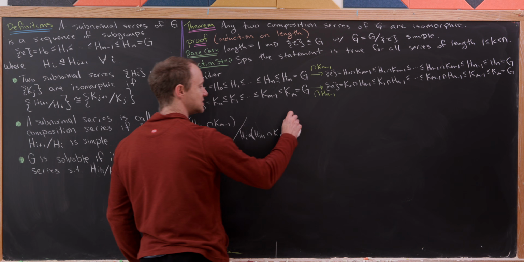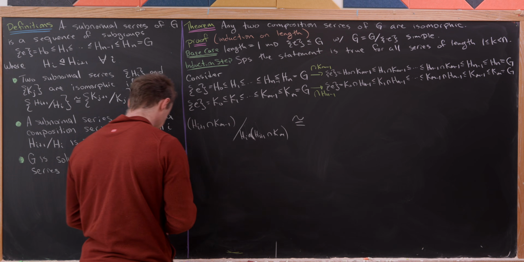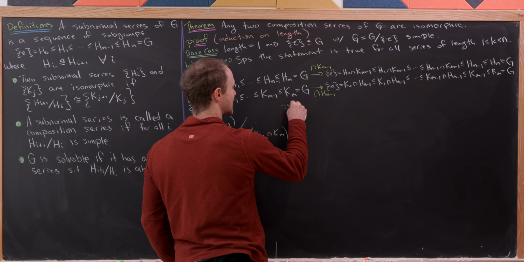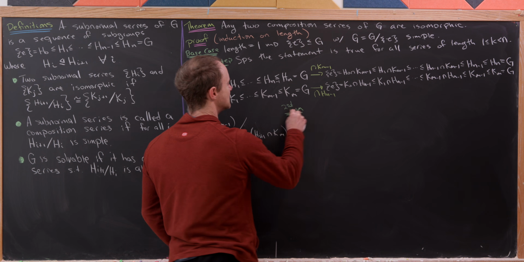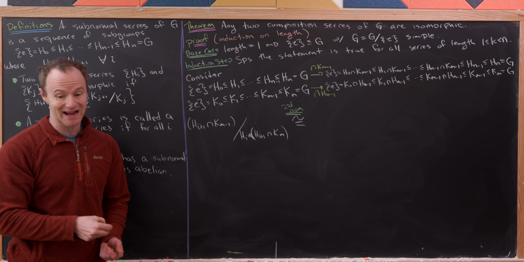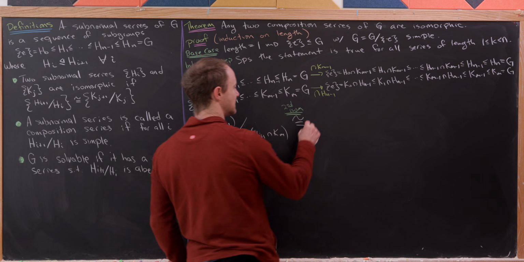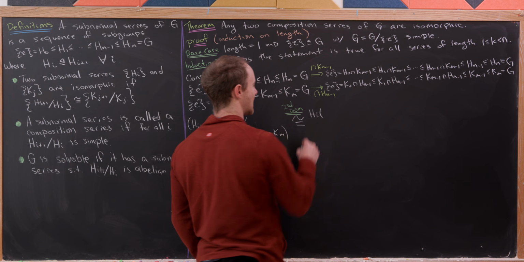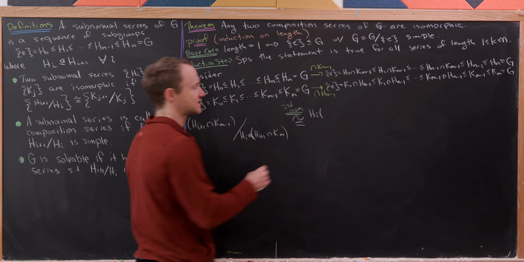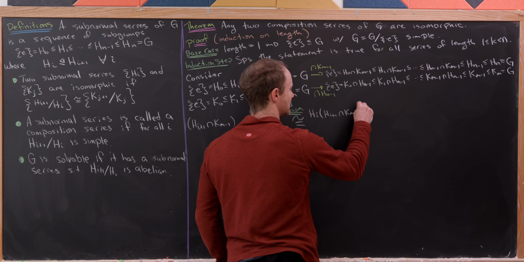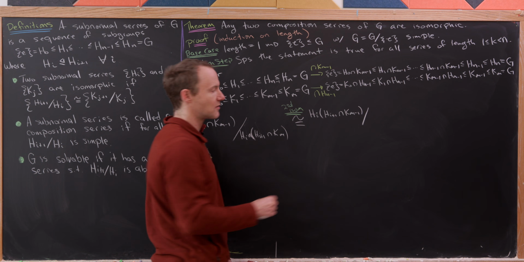But now what I can do is look at this and observe that this looks like something that would have been in the second isomorphism theorem. So make sure to go check out the second isomorphism theorem if you need to recall what that looks like. And then this is going to be H_i times the subgroup H_{i+1} intersected with K_{m-1}, modded out by H_i.